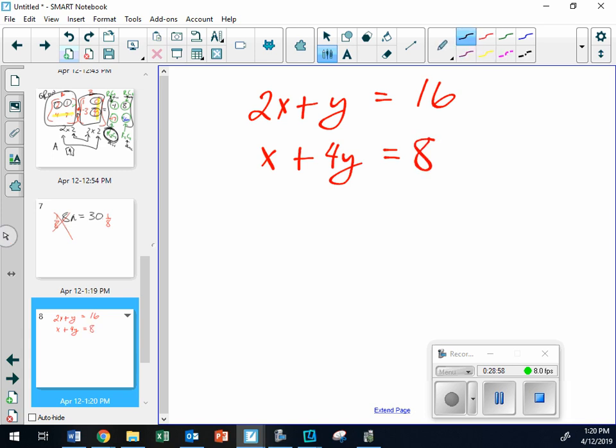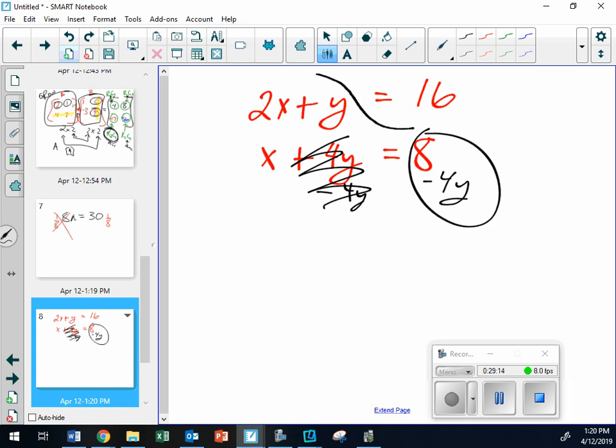Do you get that you could use normal solving to solve this system of equations? In case you forgot, you could solve for x. And do you get 8 minus 4y could then go in here and I could solve that system? Does that ring a bell? It's called solving by substitution. All right, that's a way that would work.